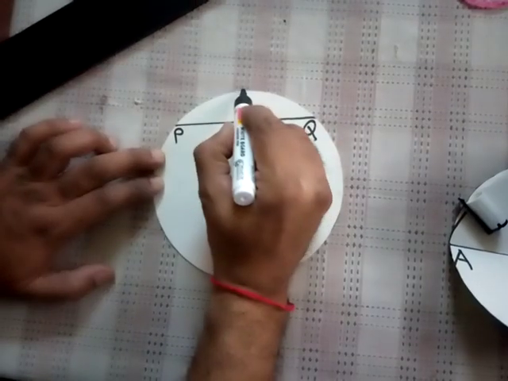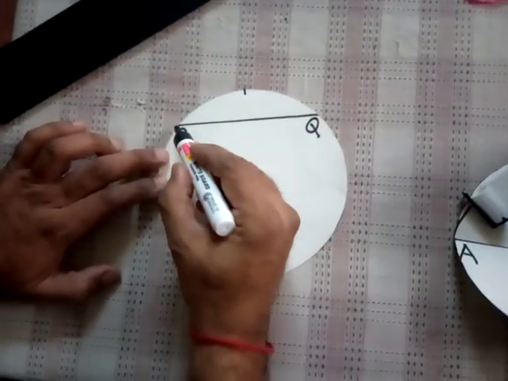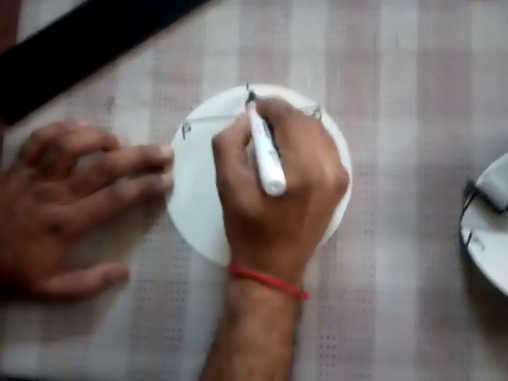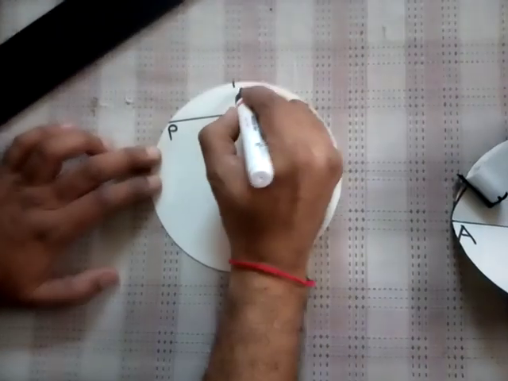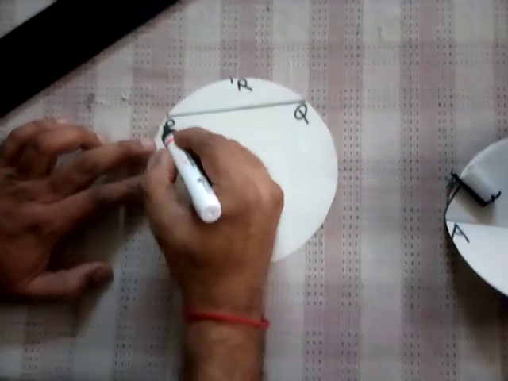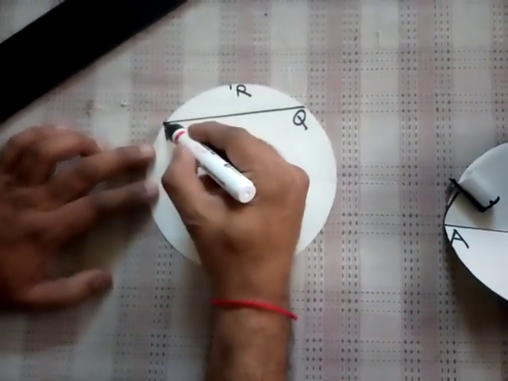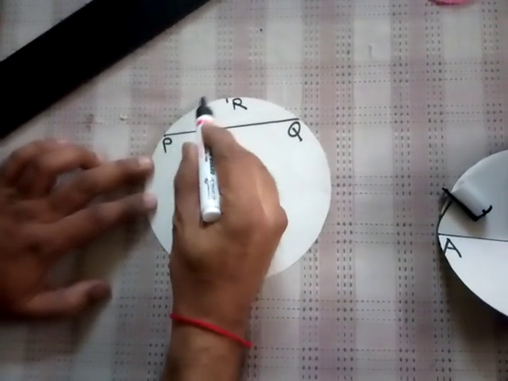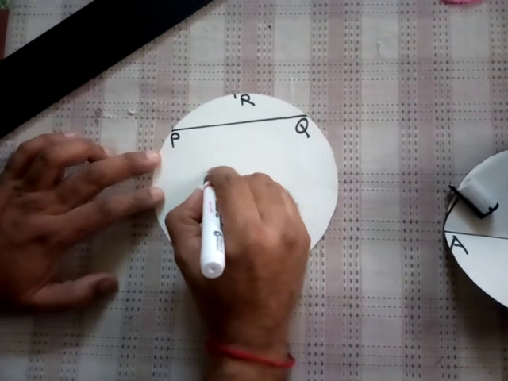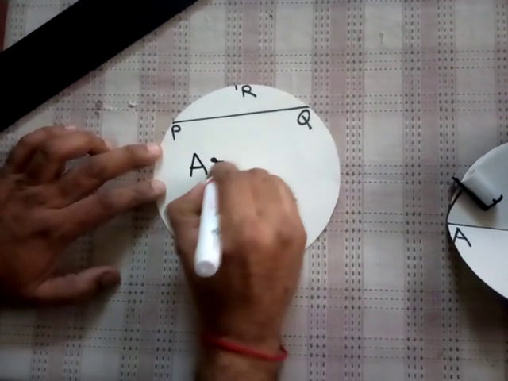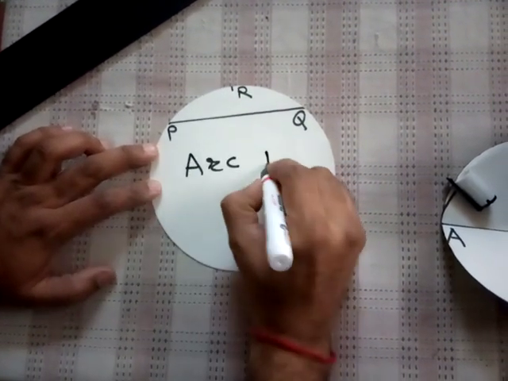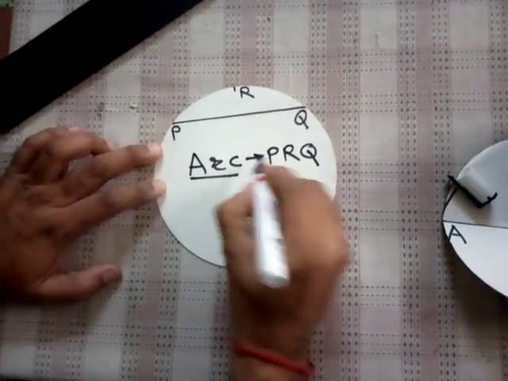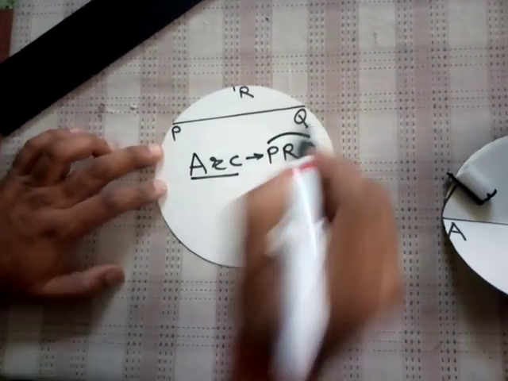While if I take any other point in between P and Q on the circle, say the point R, and I go by the path from P to R to Q, then this part of the circle is known as an arc of the circle. So PRQ is nothing but an arc of a circle, and it is shown like this.